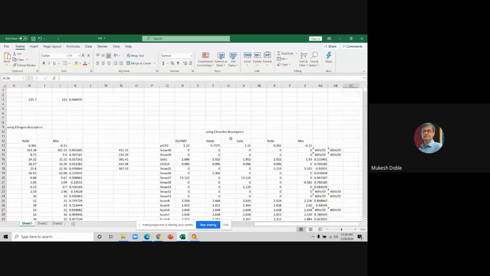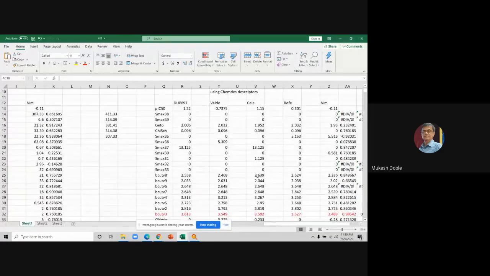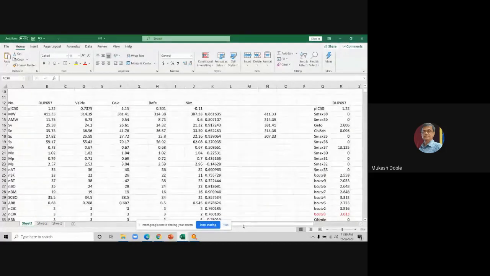And that's what I have done here, to make it simple, using ChemDes descriptors. So I have 5 molecules: DUP697, valdecoxib, celecoxib, rofecoxib, and nimesulide. Nimesulide has the lowest activity, sorry.